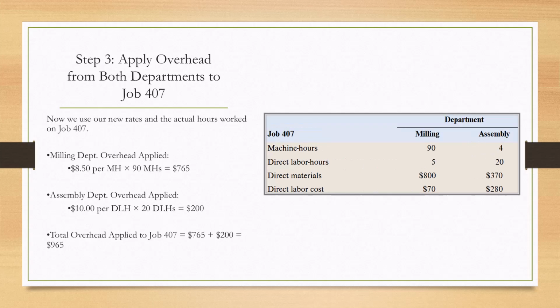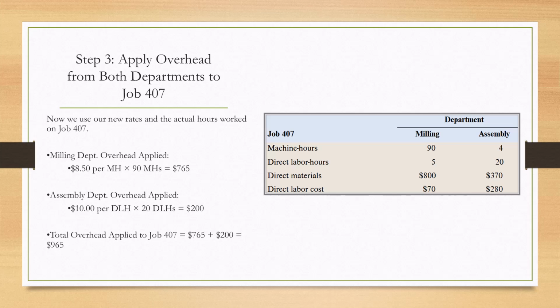With our departmental rates calculated, we can now apply overhead to a specific job. For job 407, we need to look at the actual hours consumed in each department. In the milling department, job 407 used 90 machine hours. We multiply this by our milling rate of $8.5 per machine hour to get $765 of applied overhead from that department. In the assembly department, the job used 20 direct labor hours.